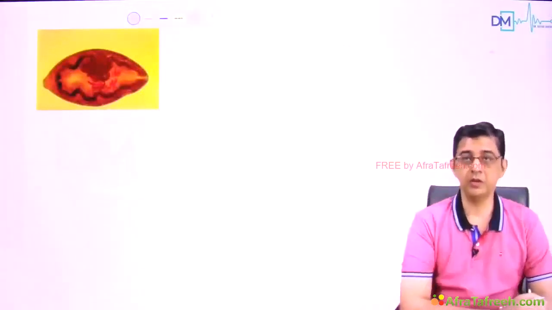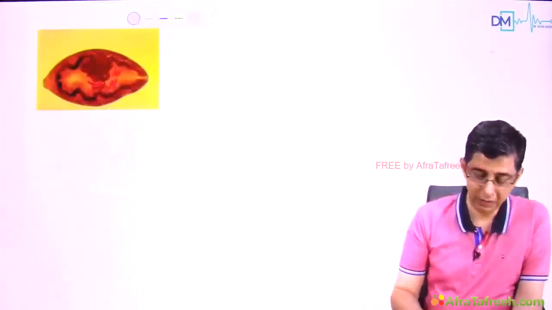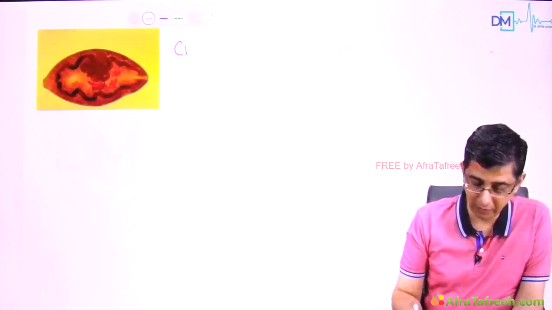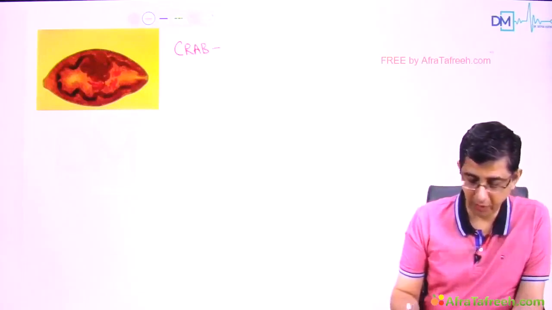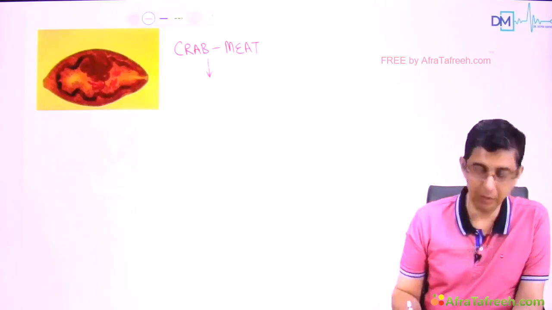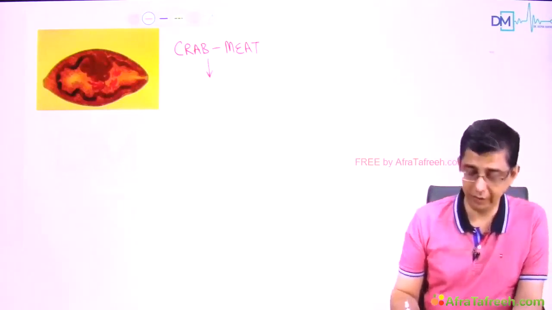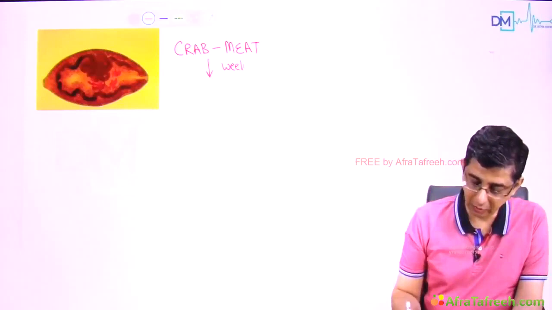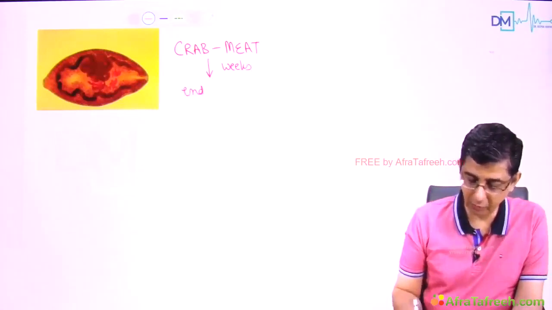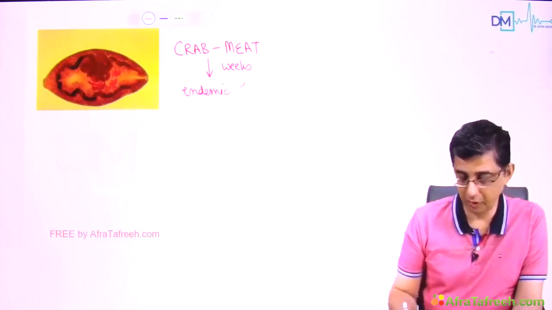The next aspect, guys, that I wanted you to remember is a question from the NEET exam, where they said that in a marriage party, people ate crab meat, and after ingestion of the crab meat, a few weeks later, a lot of villagers started having hemoptysis, that is blood in the sputum.